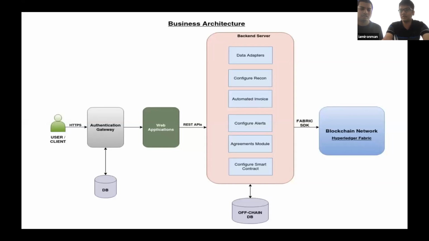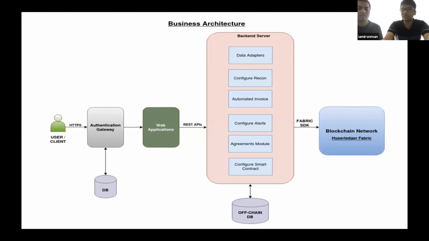Then there's the configure reconciliation part, in which a user can configure if the reconciliation needs to happen, let's say every 15 days or every hour or every month. Based on the configured reconciliation, the automated invoices would be generated. That's where the automated invoices module comes into the picture.